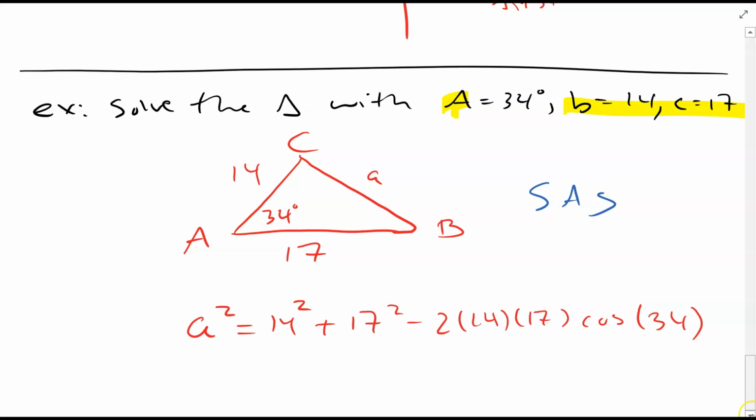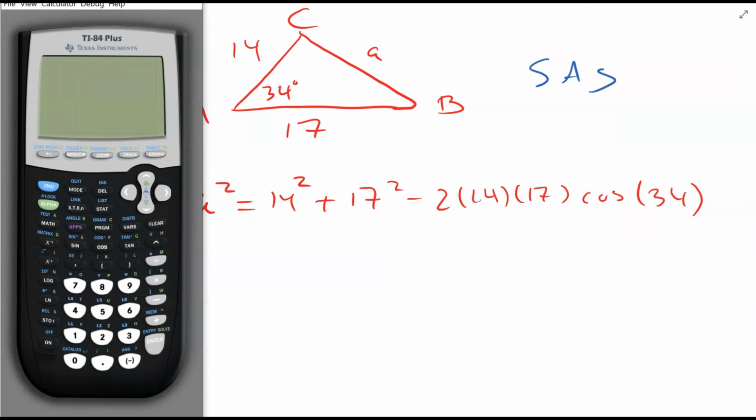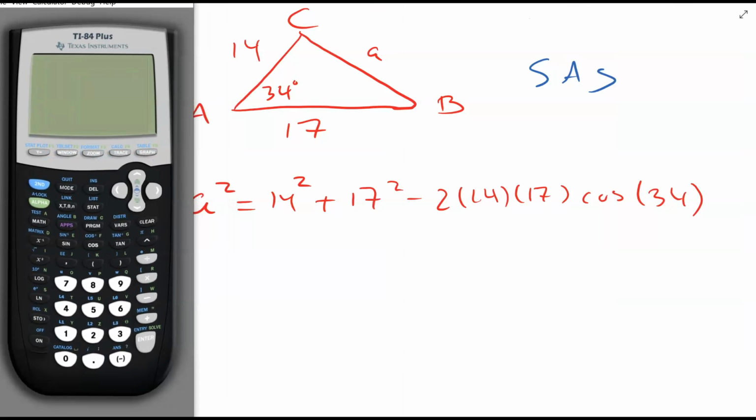Now I would encourage you to type this into your calculator all in one line. Most of the time I see students making mistakes, it's because they're trying to do these things in too many steps on their calculator.